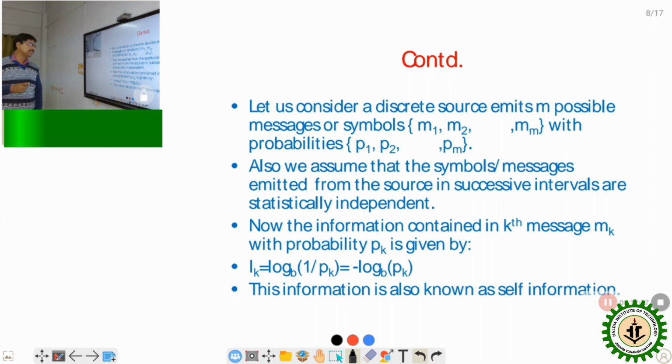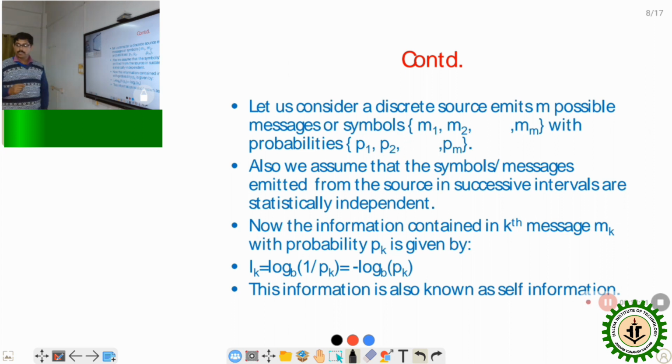Now the information of any kth message mk with probability pk, the self information Ik, will be log of 1 by pk. So the self information of any kth message will always be equal to log of 1 by pk. We can also write this expression as minus log of pk to base b.